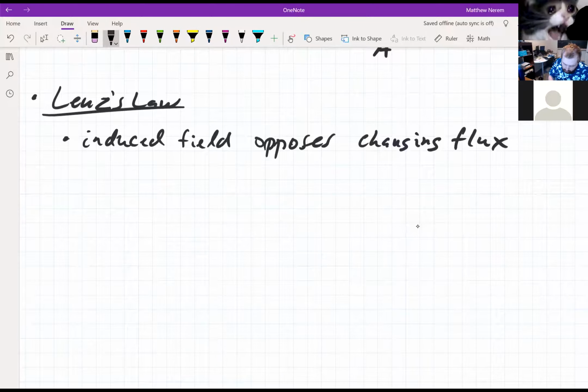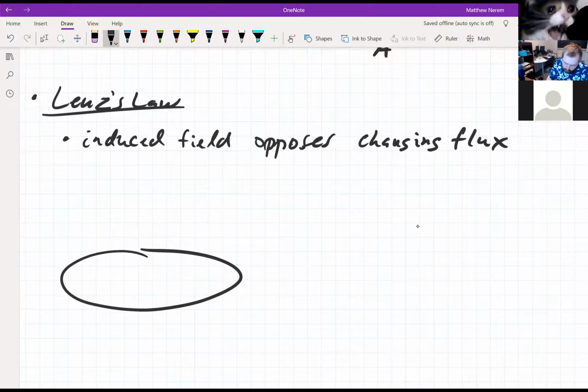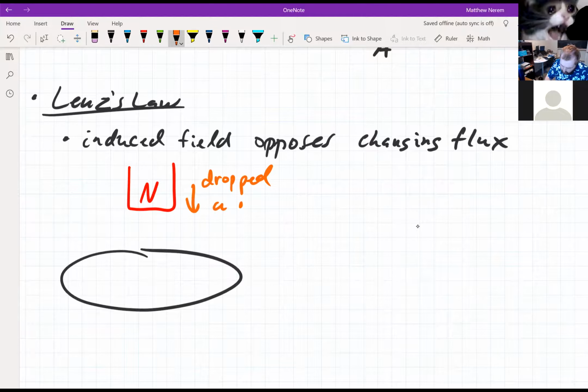I'll have a loop, and I'll drop the north end of a magnet towards it. All right, so what's going to happen? There is flux going through this loop.